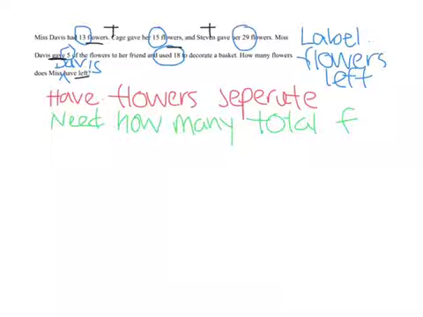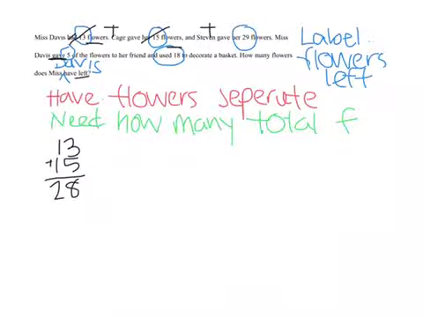So let's get started. Miss Davis had 13 flowers. Cage gave her 15 flowers. We're going to add those together. 15 plus 13. 5 plus 3 is 8. 1 plus 1 is 2. Okay? This one has a lot of numbers in it, so I'm going to cross off the numbers that we have used. So we did 15 and 13. Okay?